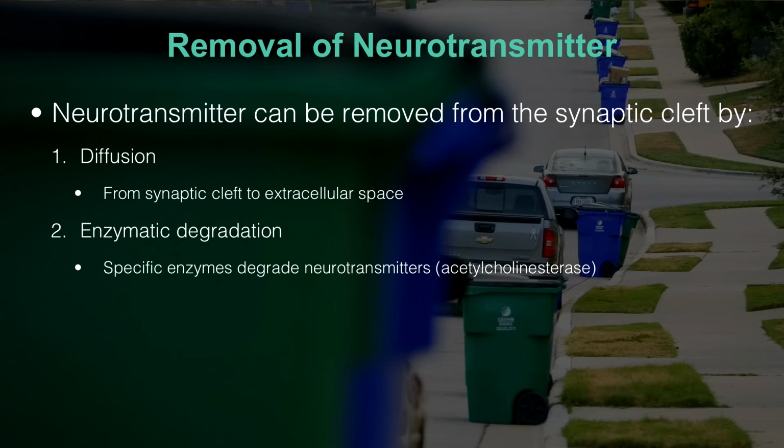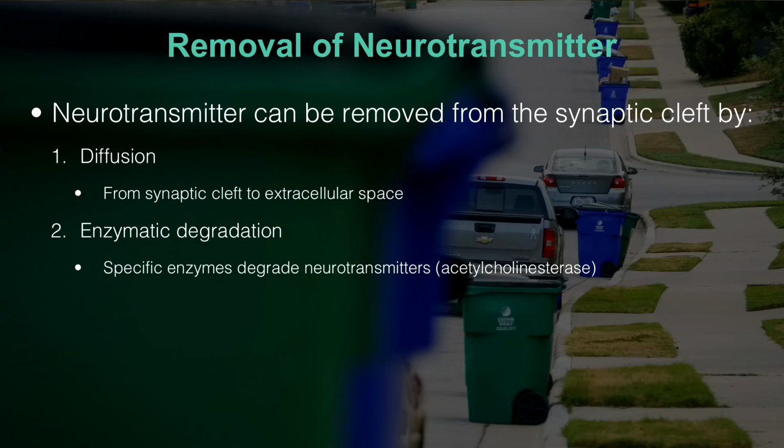And this is a hint for biochem, you'll almost always be able to tell when something is cleaved or cut or broken if it has ase at the end. Acetylcholinesterase, something's chopped off. Sodium-potassium ATPase, phosphates chopped off, right?